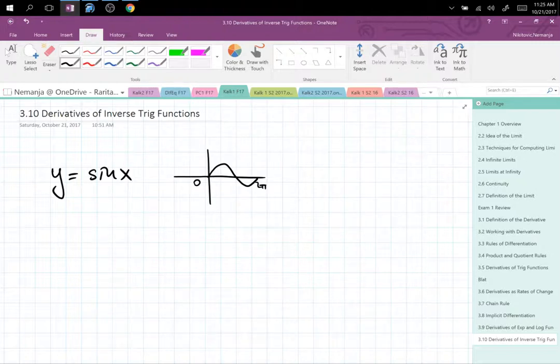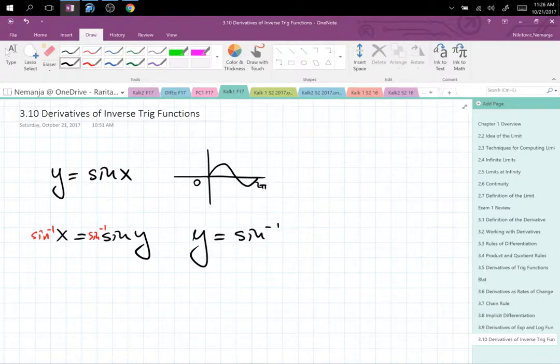The inverse asks you to swap domain and range and then solve for y. So we apply the inverse sine to both sides, and we get that y is equal to sine inverse of x.